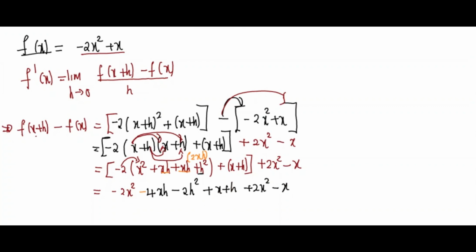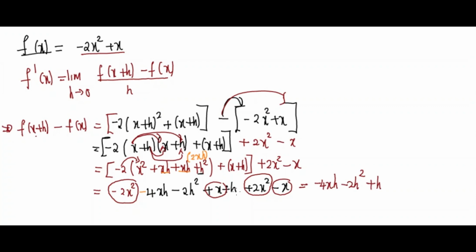So there are some terms which are cancelling each other here, which are like terms. So we have this term here, also this one, cancelling each other. Even this one and this one, they're cancelling each other. Minus 2x squared plus 2x squared is 0. And plus x minus x is 0. So we'll be left with minus 4xh minus 2h squared and plus h, which is here.